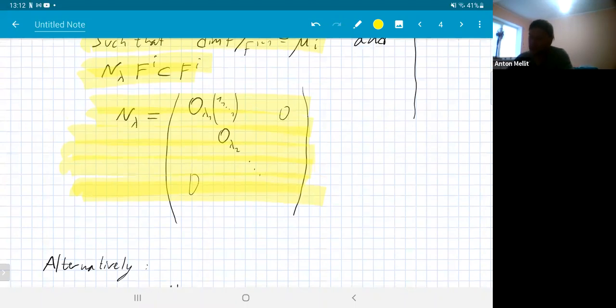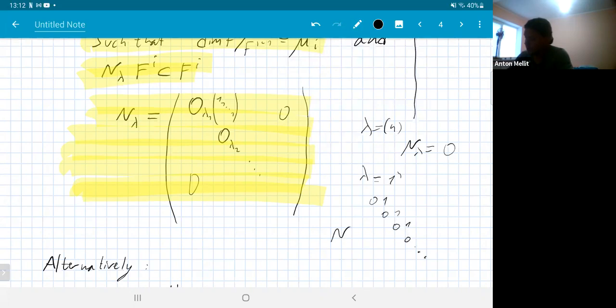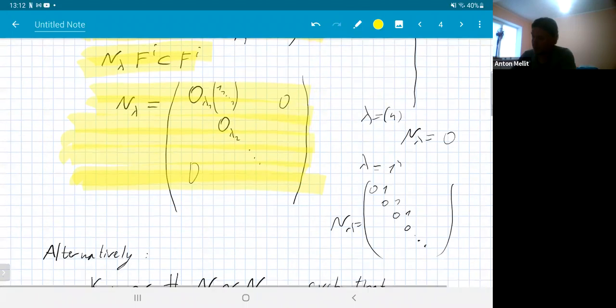In this way, you can write any nilpotent matrix after conjugation. For instance, if lambda is (n), then N_lambda is 0. If lambda is 1 repeated n times, then it is just a Jordan block, this kind of matrix, and all others are in between.